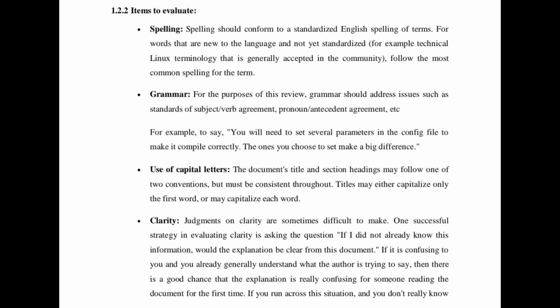If it is confusing to you and you already generally understand what the author is trying to say, then there is a good chance that the explanation is really confusing for someone reading the document for the first time.